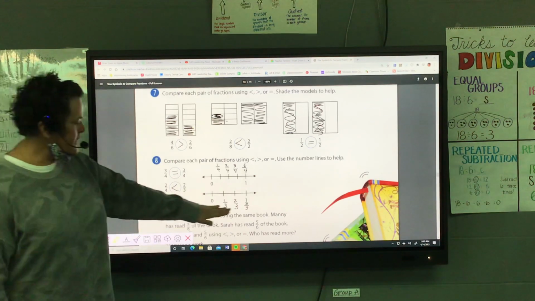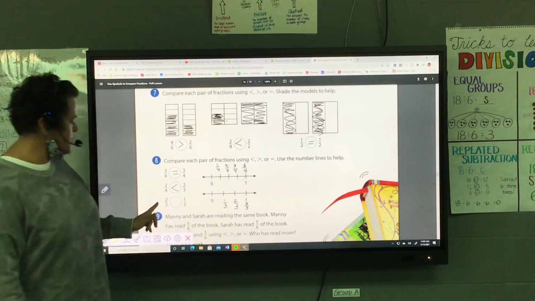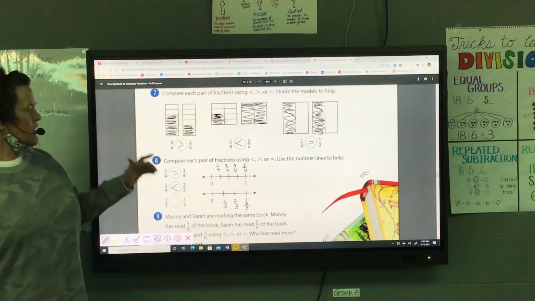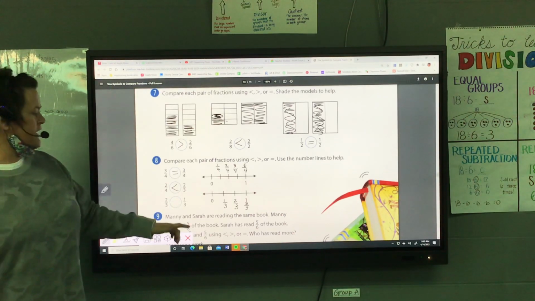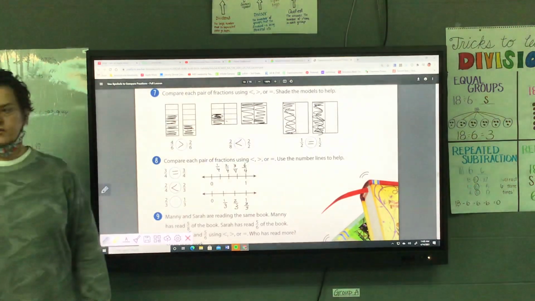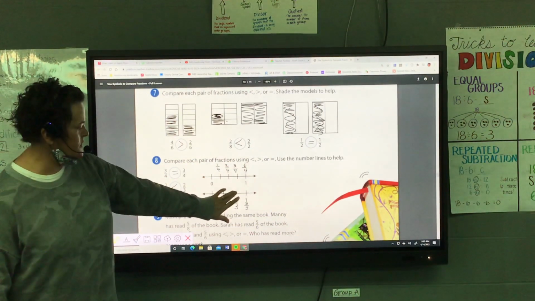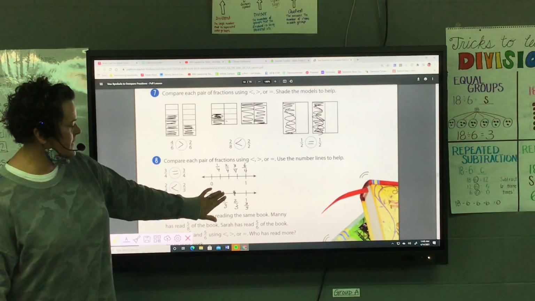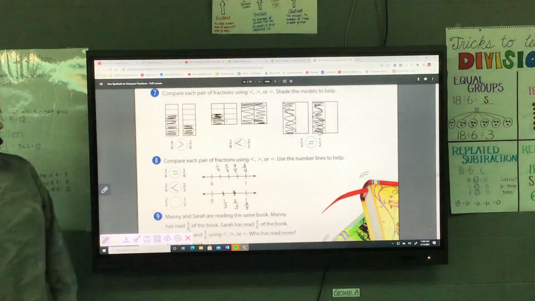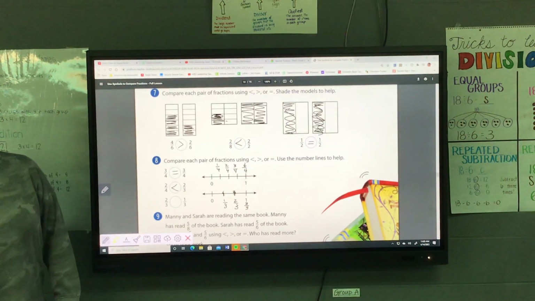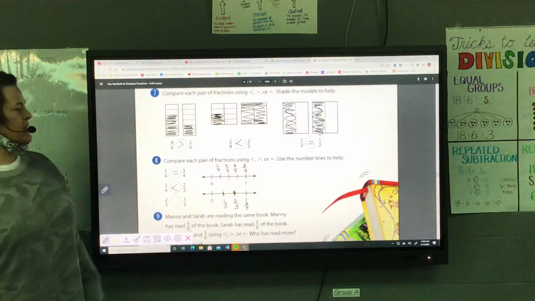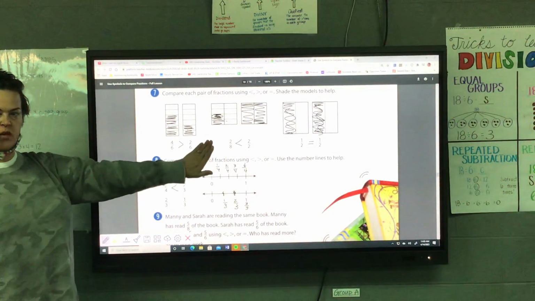Okay, now looking at this bottom number line, is 2/3 less than, greater than, or equal to 1/3? So here we have 2/3. Back here we have 1/3. Is 2/3 less than 1/3?